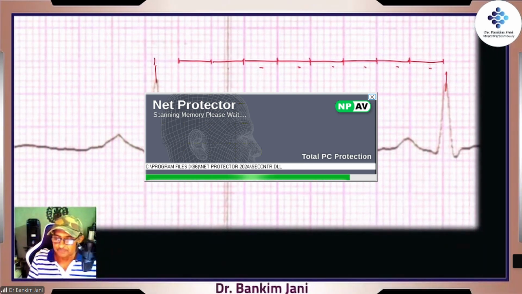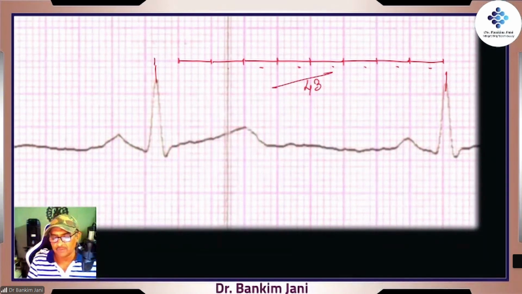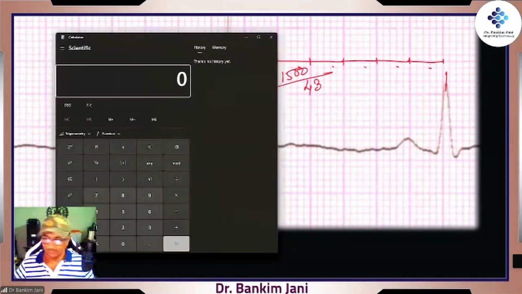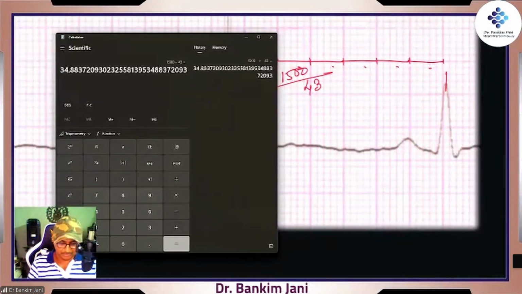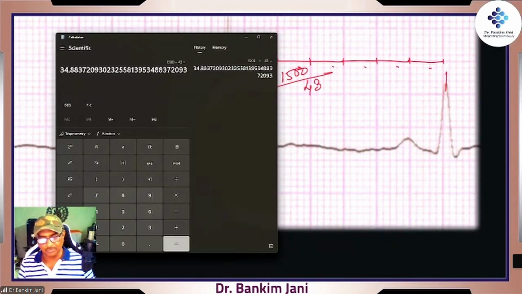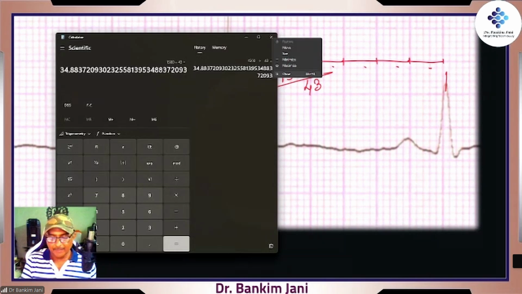So 43 or 44, right? So how much is coming out? 1500 divided by 43. So 34.8, or 35, 36. All good. Got it?